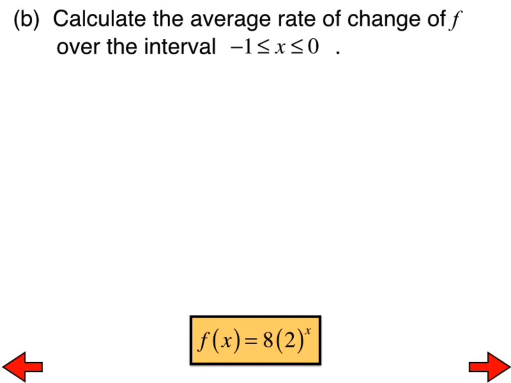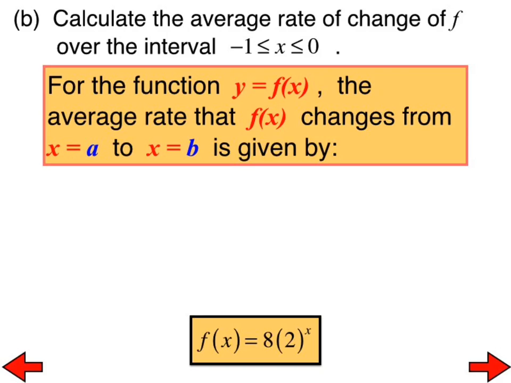So the first thing we need to do is define what we mean by average rate of change. Is this written in your notes, yes or no? No? All right. Yes? I'm talking about the part that's in the rectangle here. Okay.